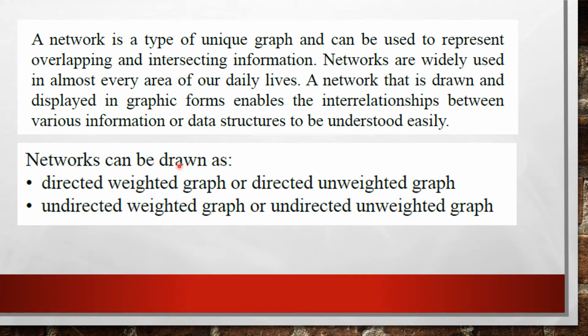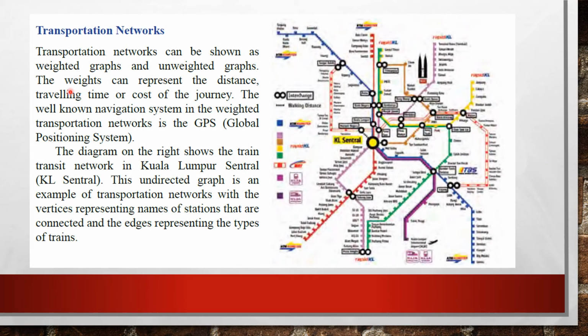So networks can be drawn as either directed weighted graph or directed unweighted graph, or undirected weighted graph or undirected unweighted graph. So we look at the first example, networks in transportation.